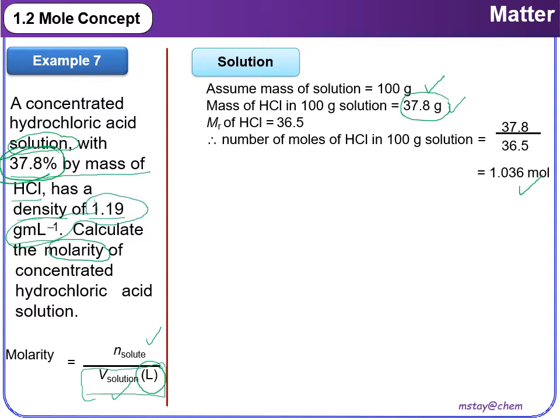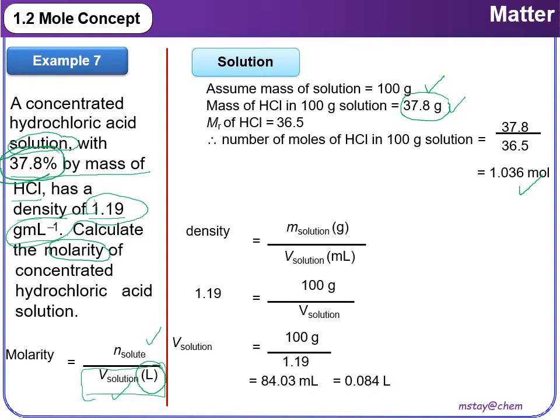So now we have to list down the formula for the density. Given is 1.19. Mass of solution, because just now I assumed there is 100 gram of solution, so that's why the mass of solution is 100 gram. Volume of solution is unknown, so we calculate the volume of solution in milliliter, but referring to the formula, the unit of volume must be in liter.